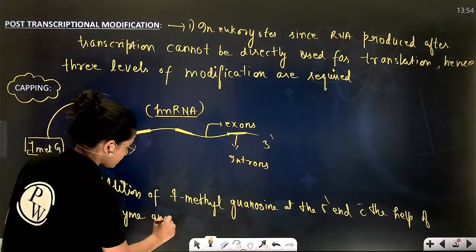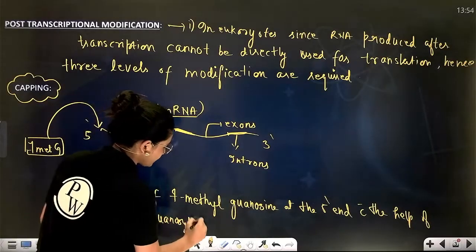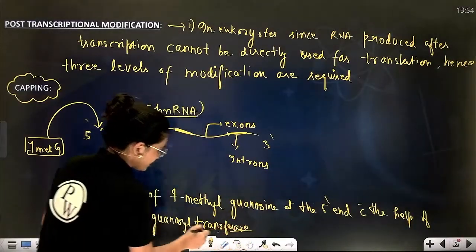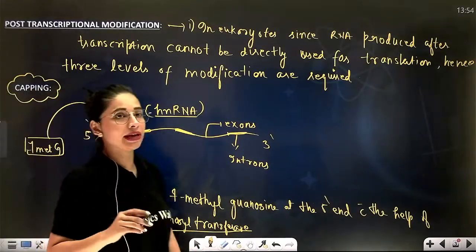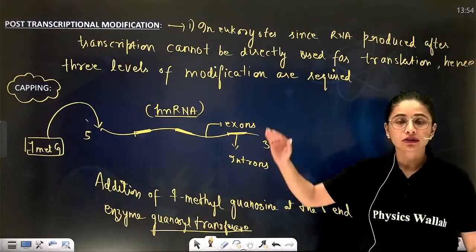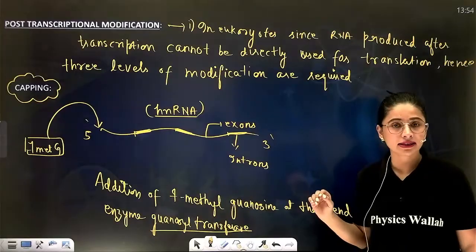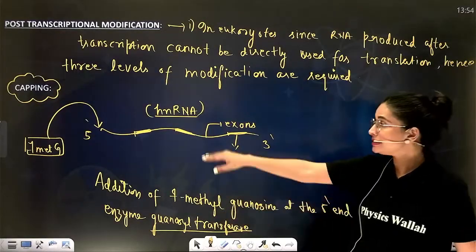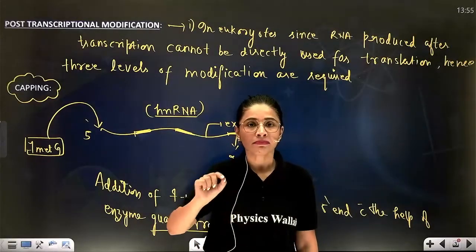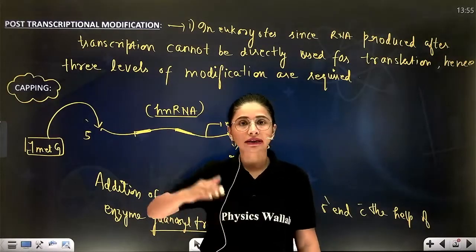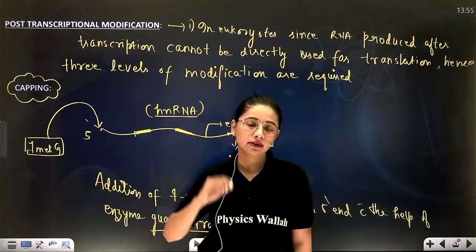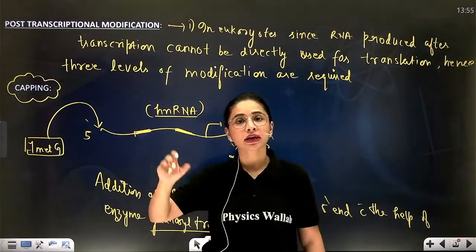enzyme guanyl transferase is known as capping. Now this 7-methyl guanosine at the 5' end, why is it required? Because when this RNA undergoes translation, the initiation position of translation is recognized with the help of 7-methyl guanosine, so that once the RNA gets ready, translation starts from the correct position.